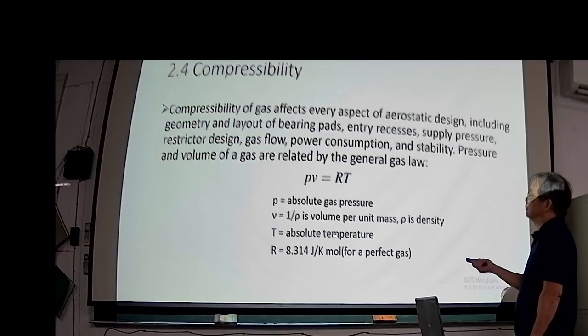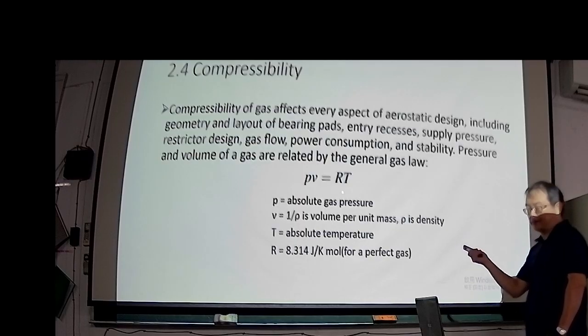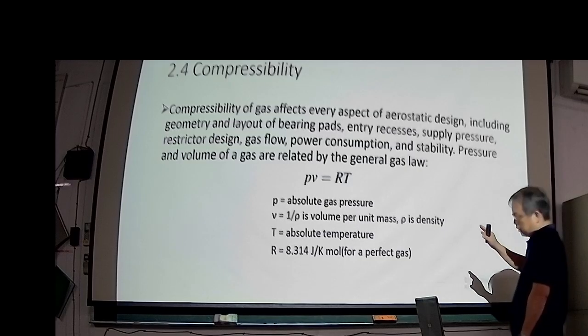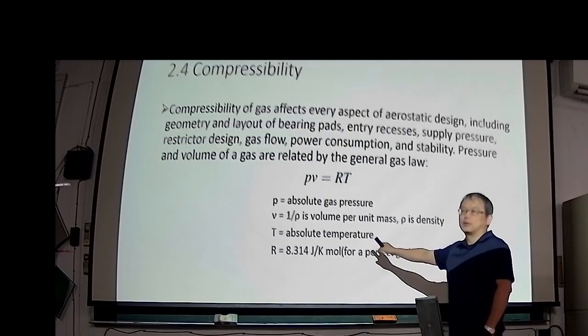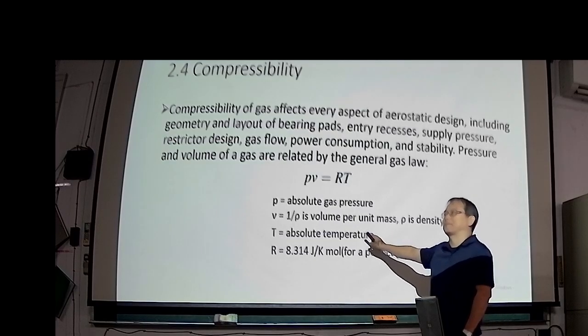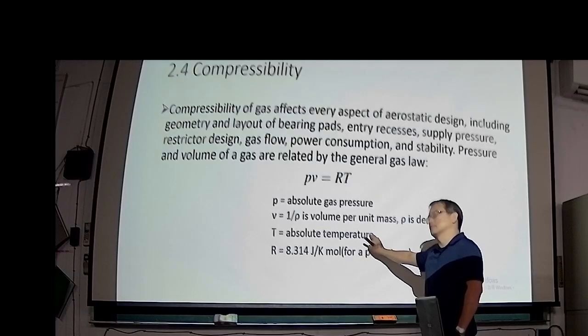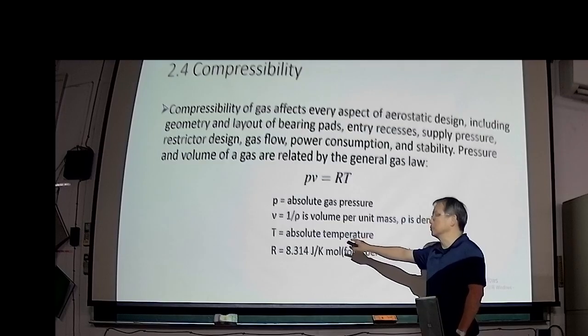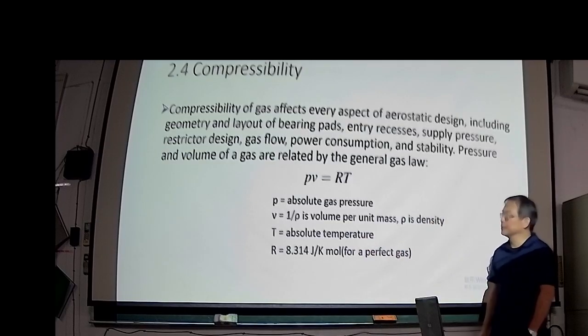Okay, T is the absolute temperature, which means that the temperature in Celsius plus 273 equals the absolute temperature.